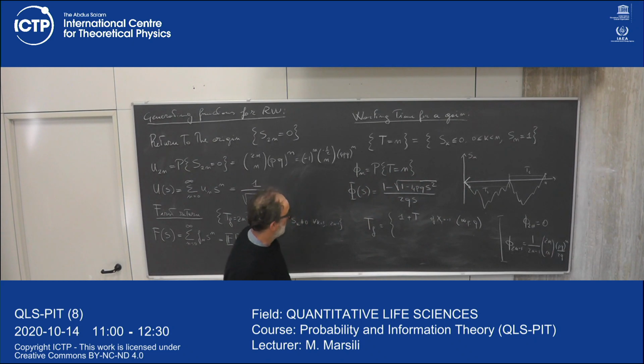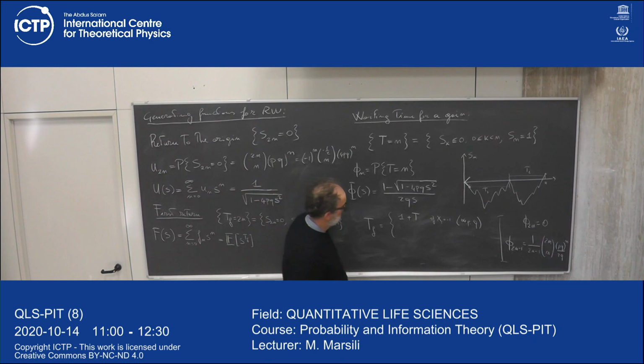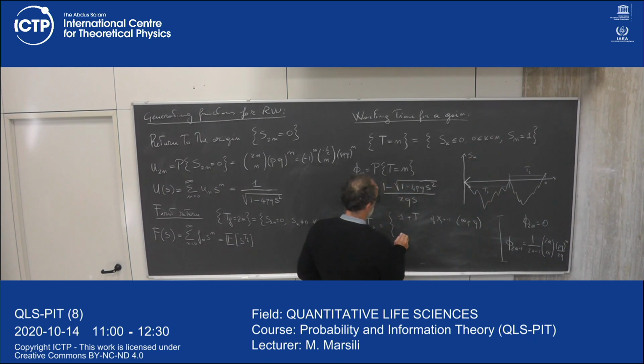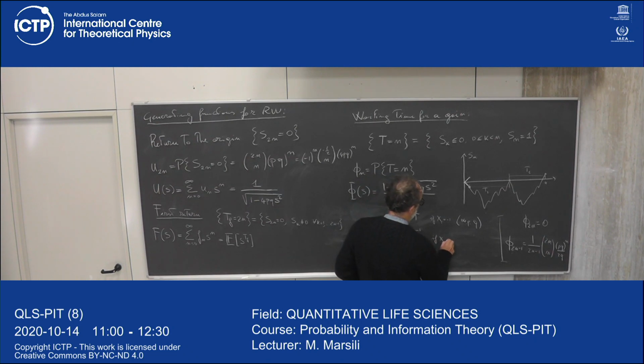If the first step is on the positive side, it's exactly a symmetric problem. So I will have to wait 1 plus the waiting time for the first loss, and this occurs with probability p.